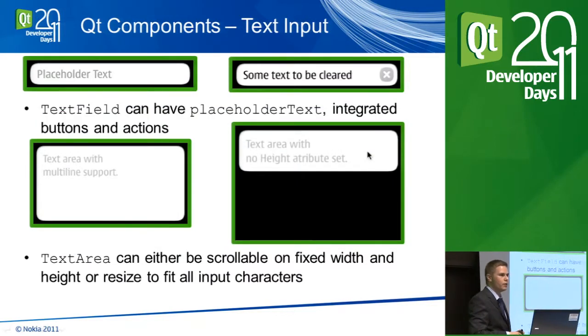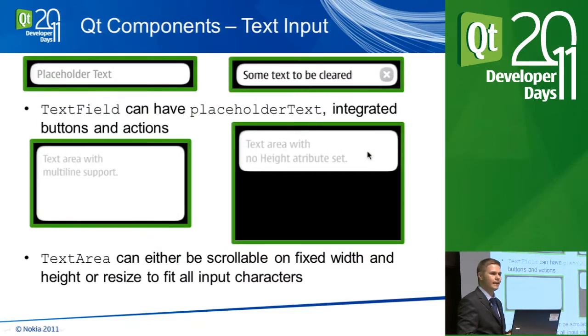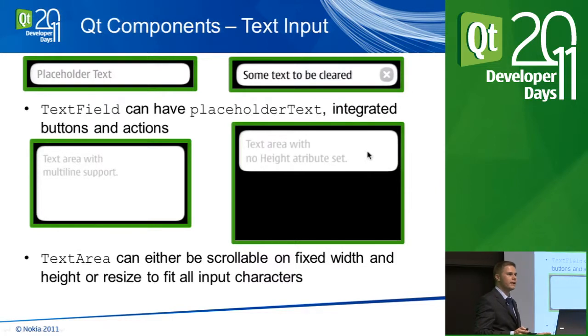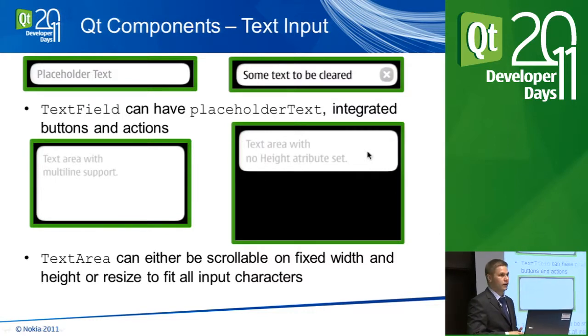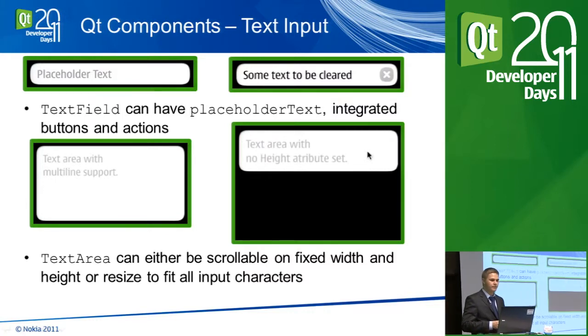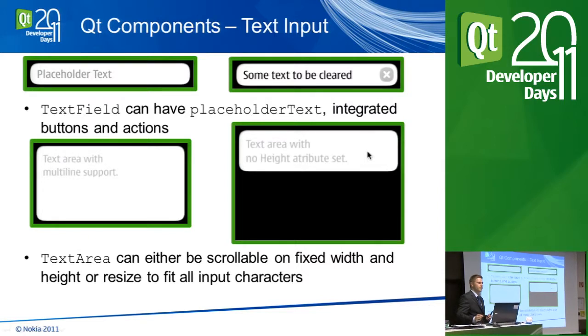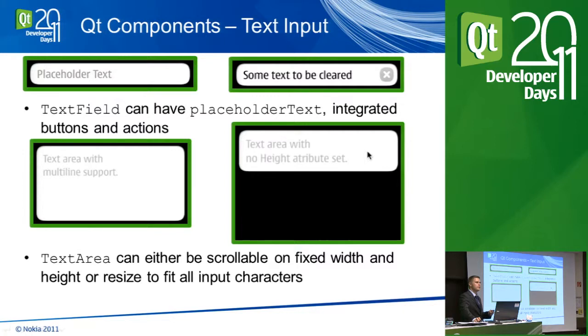Then we'll cover a number of different components provided by Qt Components. First, there are some basic text input elements. So you can see that we have text field, text area, the usual stuff. And then there's a placeholder text, something that you can show as a hint for the user, what you expect to be typed into that field.